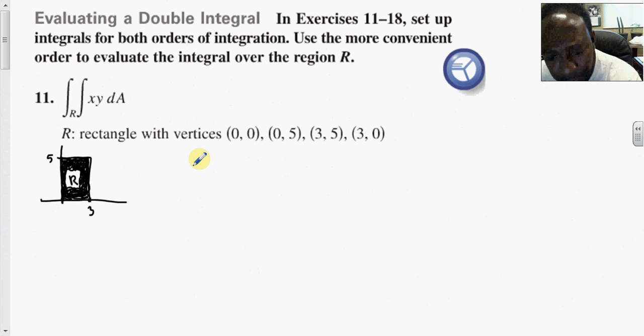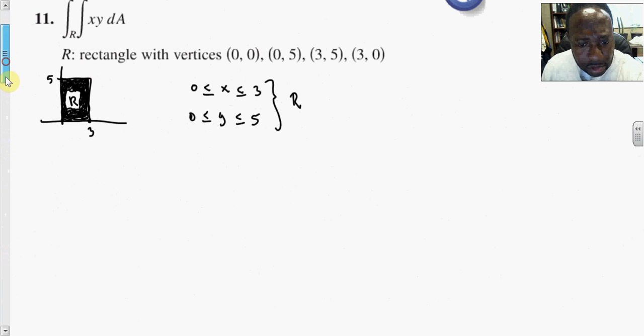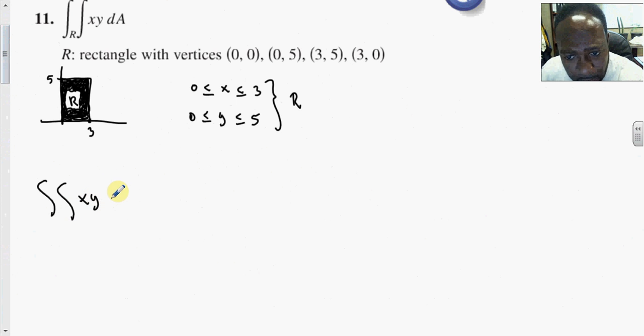You get the idea. So look at x. x is bounded from 0 to 3. What about y? y is bounded from 0 to 5. This, my friends, becomes the region. So here, this double integral now is x times y.